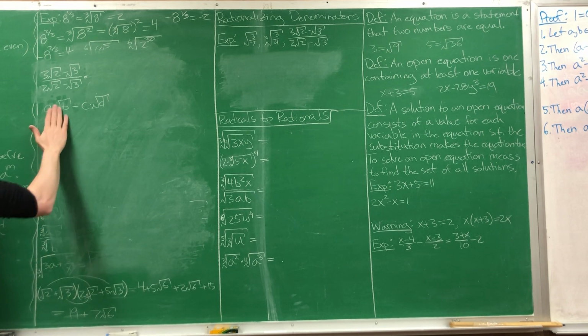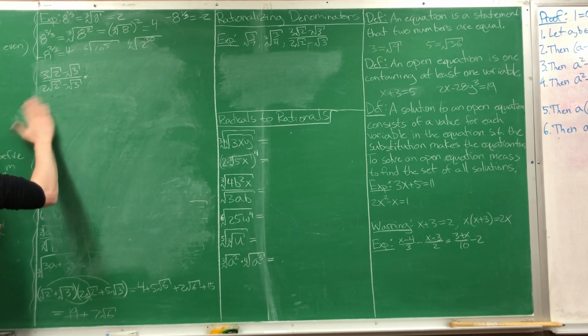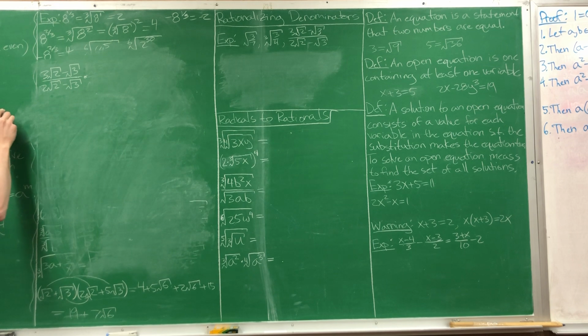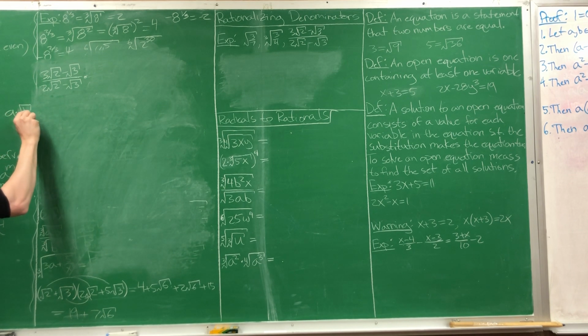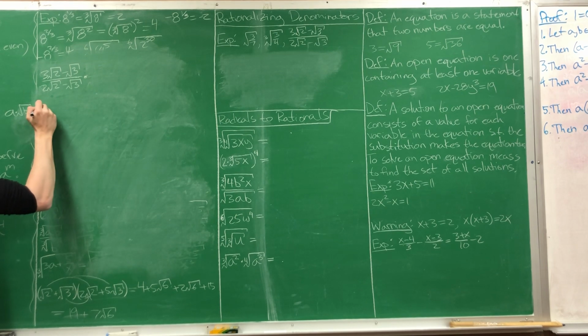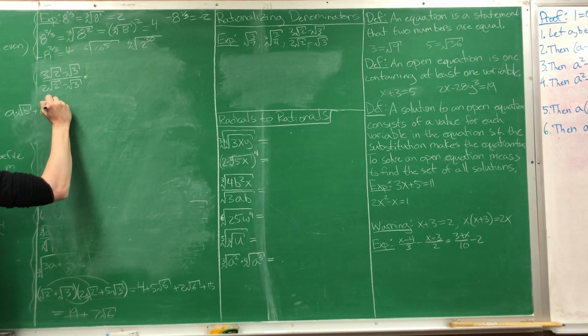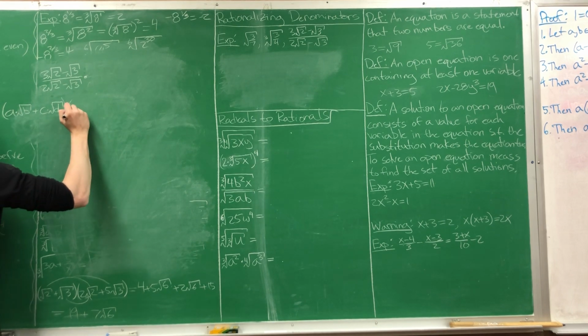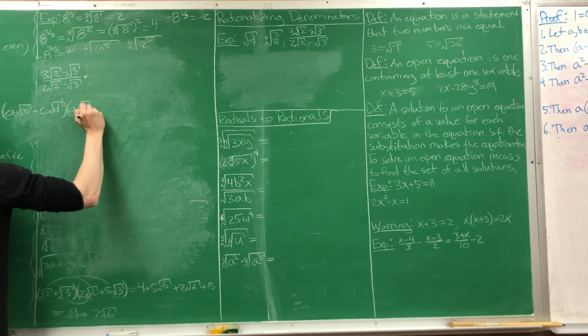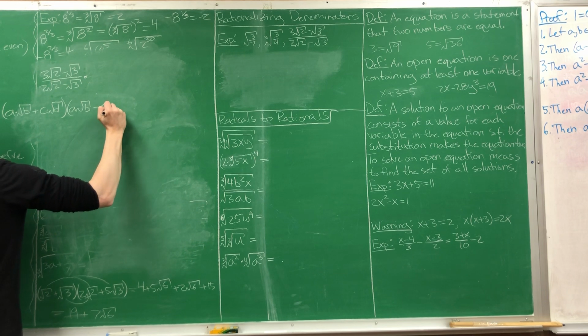So let's write this out really quick with just variables, and I'll write a little bit smaller. Let's look at a times the square root of b plus c times the square root of d, and multiply it by a times the square root of b minus c times the square root of d.